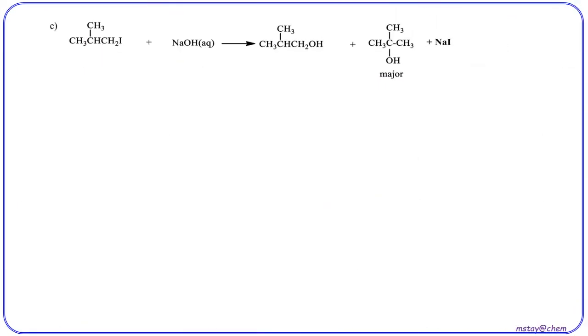Question 7c. When you look at here, this is the primary haloalkane. When you see the NaOH, you will notice that this is the strong nucleophile because it consists of Na+. So then produce a primary alcohol, and then also the tertiary alcohol. And then here they mention that this tertiary alcohol is the major product.